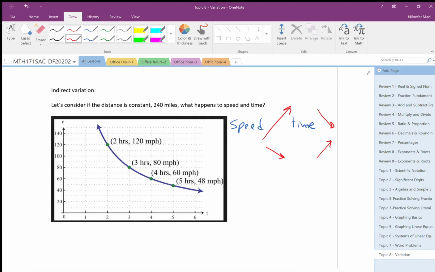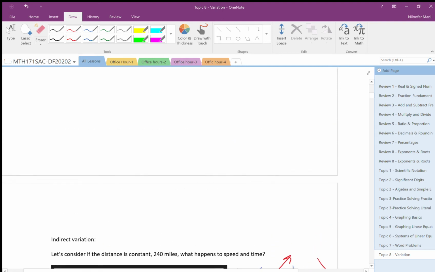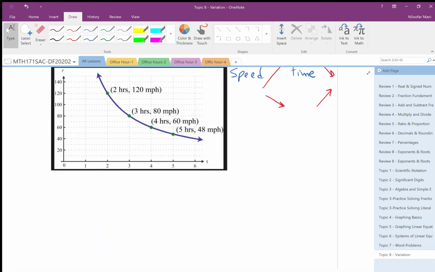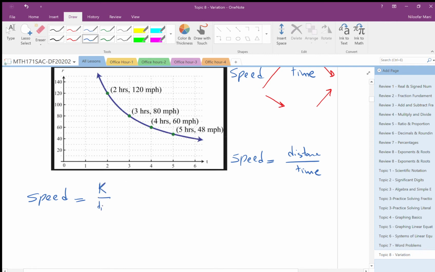Again, the formula is here. Speed equals distance over time. Now the distance is constant. So speed is k over time, or I can say d is k over t.